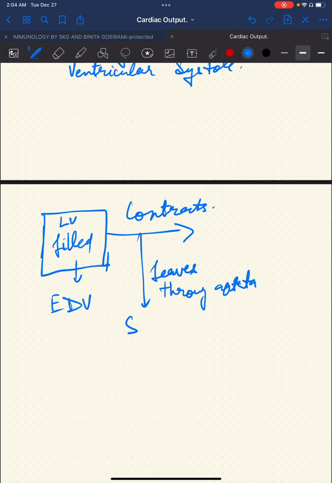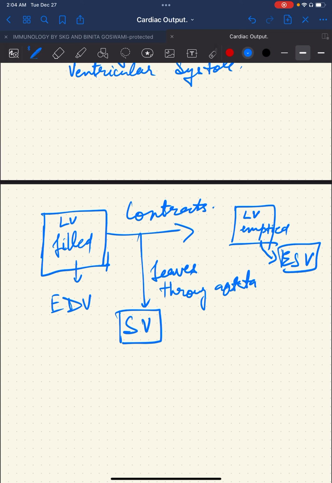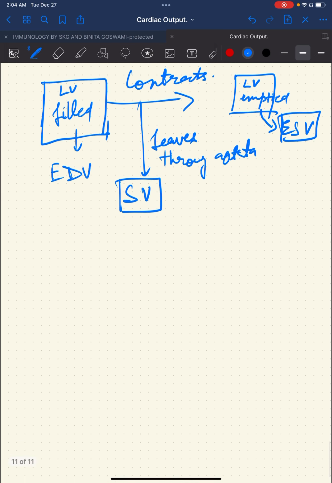This is called stroke volume. Okay, and the amount which left, this is called end systolic volume. I hope you get this. So stroke volume equals end diastolic volume minus end systolic volume.